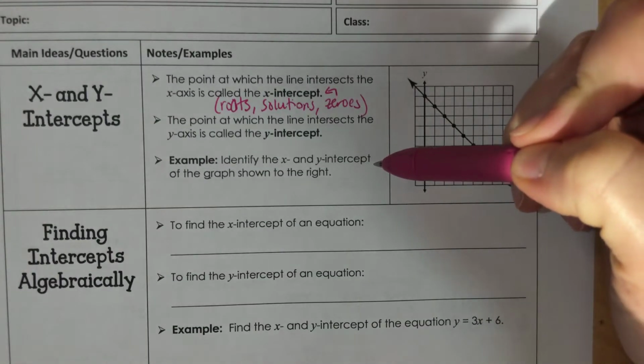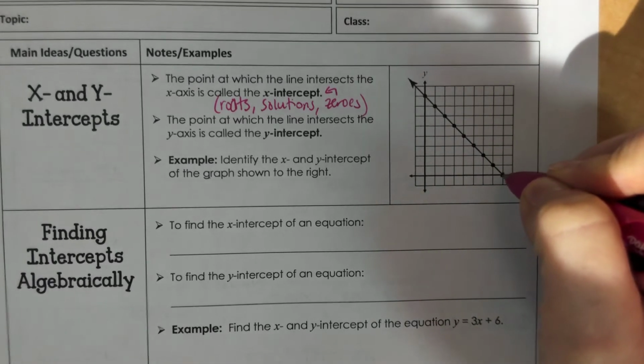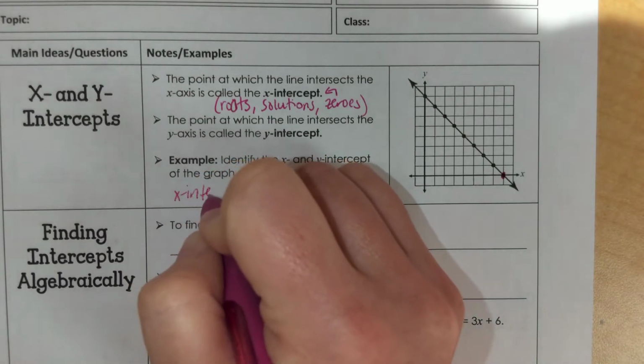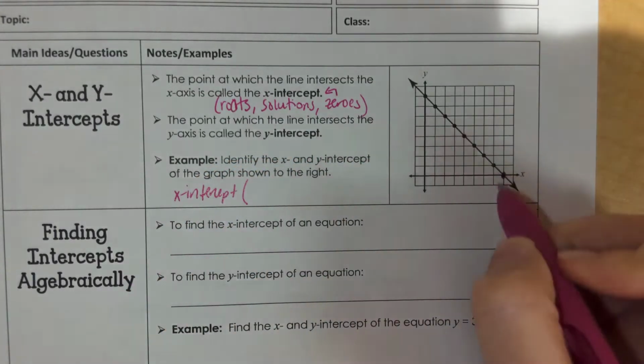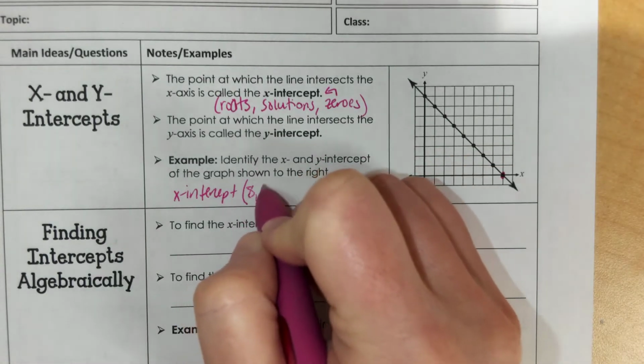So if we are asked to identify the x and the y-intercept of the graph shown to the right, we would look here, okay? And so our x-intercept is going to be this point right here. It's going to be 1, 2, 3, 4, 5, 6, 7, 8, 0.